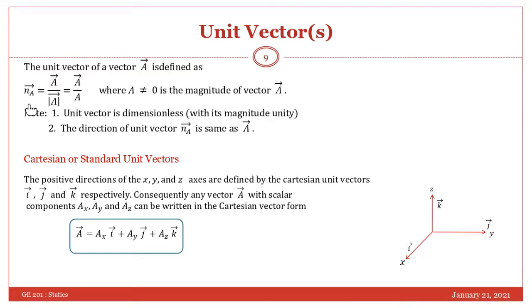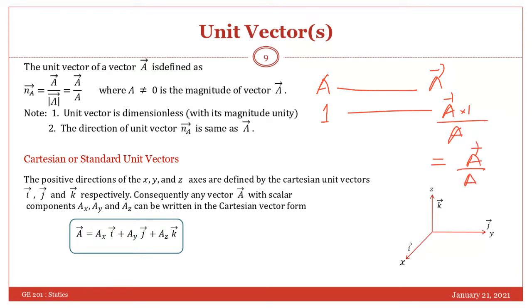Because you can write like this: if A is the magnitude of vector A, then the magnitude of vector A divided by A is 1. So the unit vector is the one which has a magnitude of 1 unit. Okay. So unit vector is dimensionless, it has no unit. And second, the direction of the unit vector is the same as vector A.